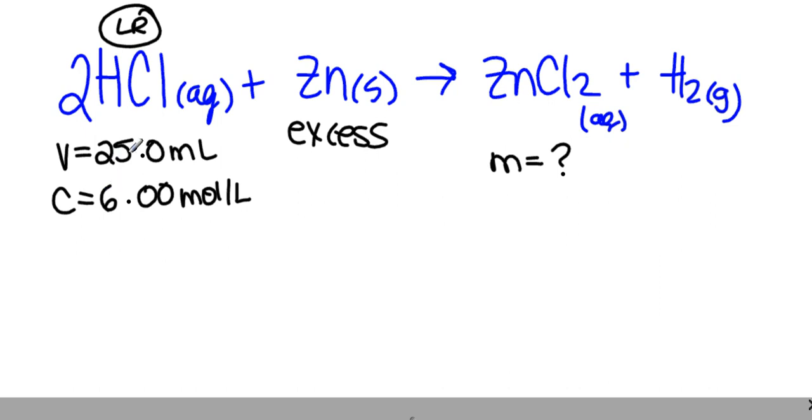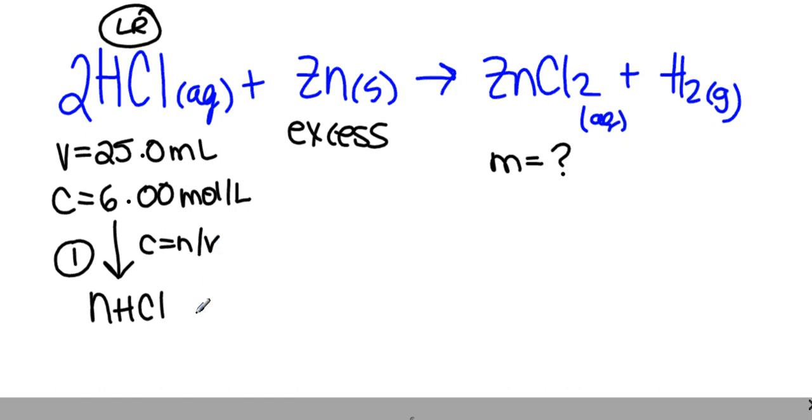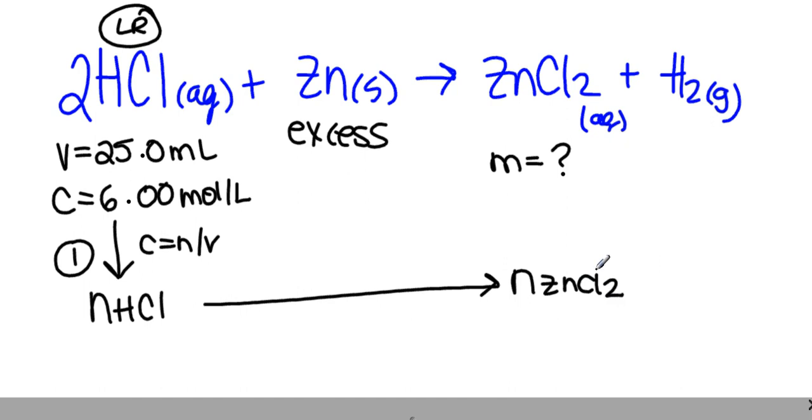So when we go from one compound to another, we know we need a mole ratio, and to use the mole ratio, we obviously need moles. So first step here, we would need to find out the moles of hydrochloric acid. Can we do that? Definitely. We've got C is equal to n over V, so we can rearrange that formula and we can find our moles of hydrochloric acid. Then we know how to go from hydrochloric acid to zinc chloride with our mole ratio. We can find out moles of zinc chloride that are here. This is step 2.